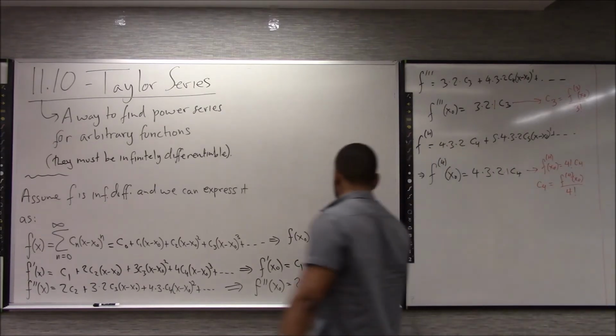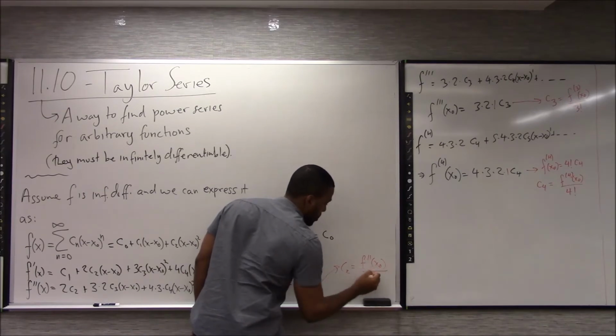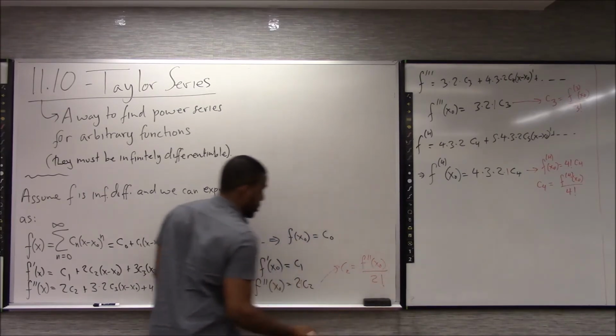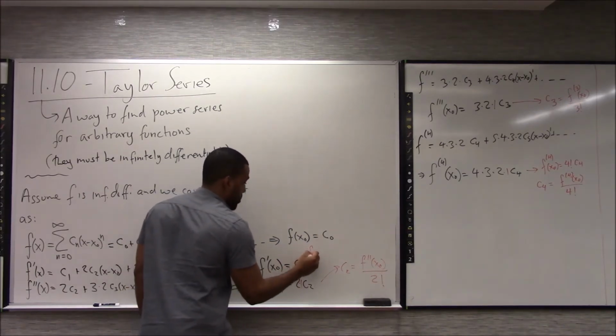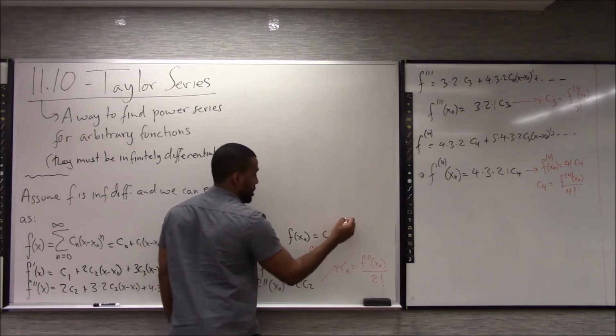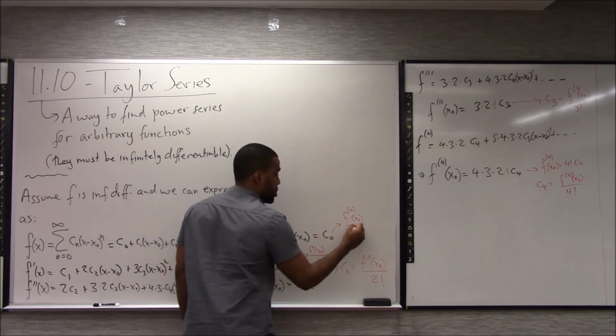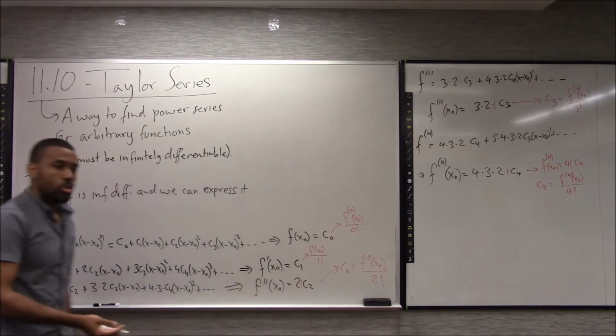This tells me that the second coefficient must be the second derivative evaluated at the point over 2 factorial. This is going to be the first derivative evaluated at the point over 1 factorial. And this is going to be the 0th derivative: take the function, evaluate at the point, over 0 factorial, which is 1.